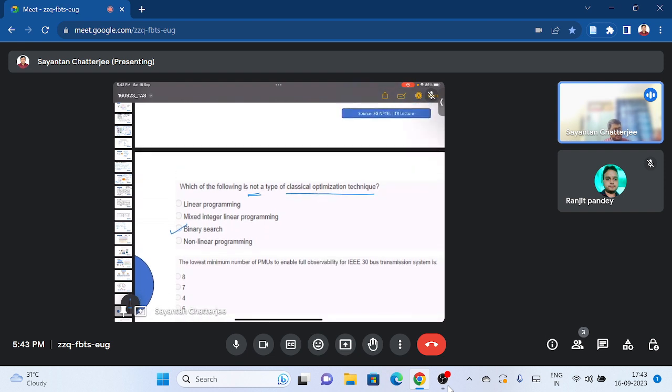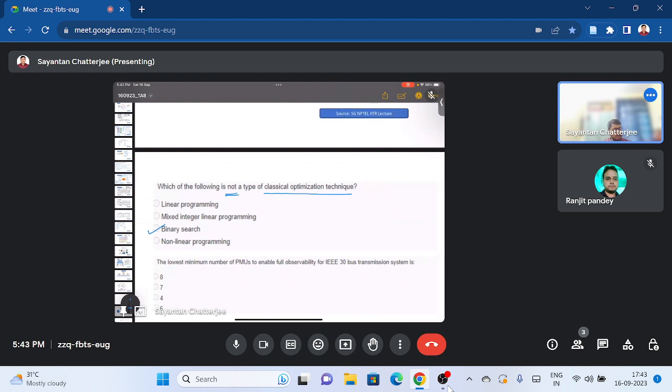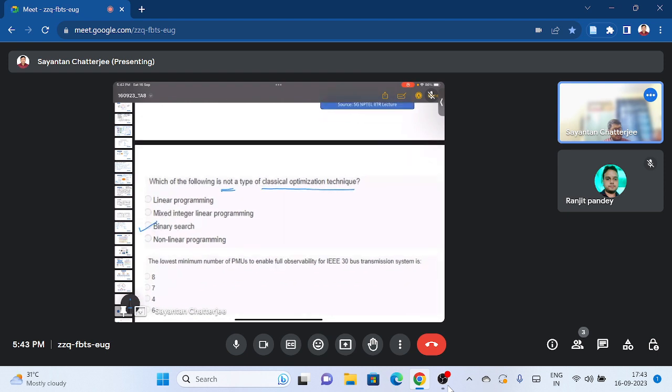The lowest number of PMUs to enable full observability of the IEEE 30 bus transmission system is... As discussed, optimal PMU placement is important in the present smart grid context.